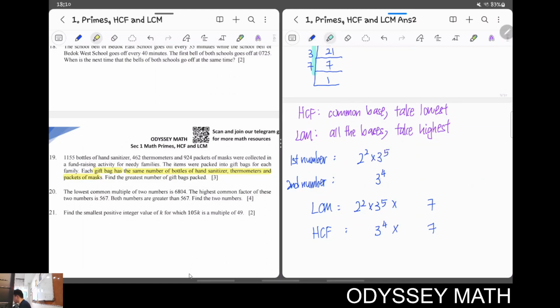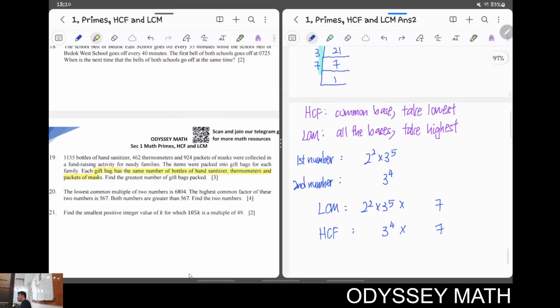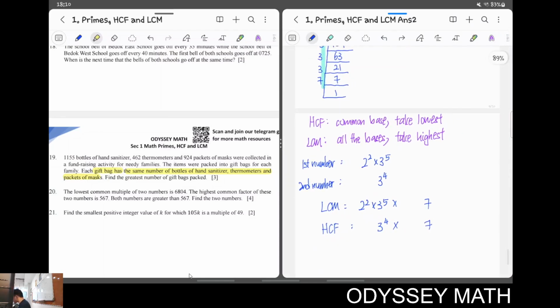So now we can say, HCF of these two is what? We have a common base, we take the lowest, 3 to the power of 4. That's HCF, common base, take the lowest. LCM, all the bases, take the highest, so base 3 here, we take 3 to the power of 5. Next, we have both the LCM and HCF to be 7, so perhaps I can just multiply by 7 here and multiply by 7 here.